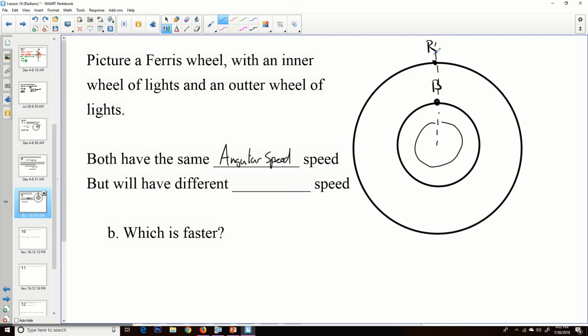So in the same time, because they don't travel independently of each other, because R travels further in the same amount of time as B travels the smaller circle, clearly they have different linear speeds. And R has a faster linear speed.